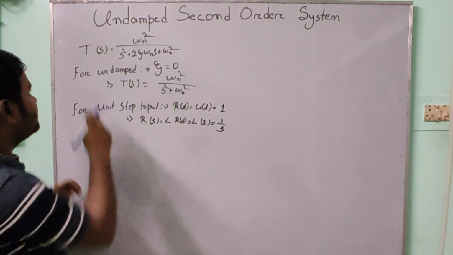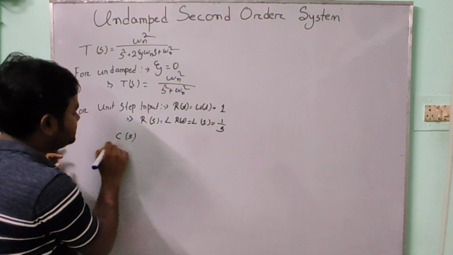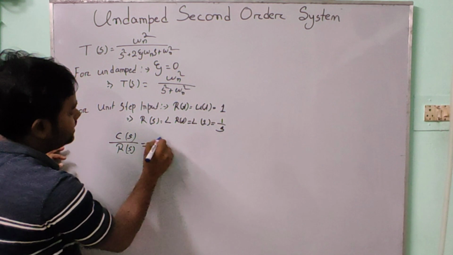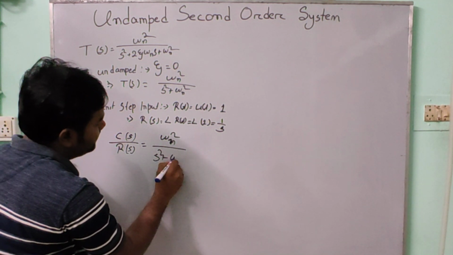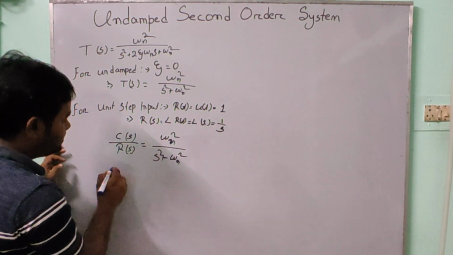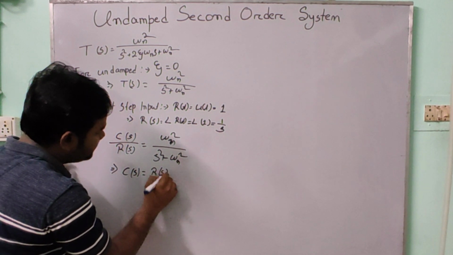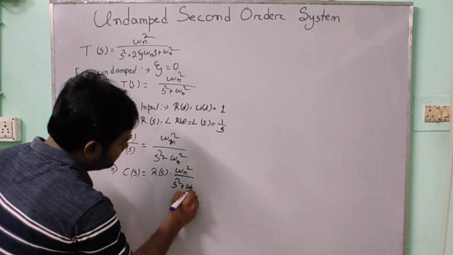The transfer function is C(s) divided by R(s), which is omega n square divided by s square plus omega n square. Now R(s) is 1 by s, so C(s) is equal to R(s) into omega n square divided by s square plus omega n square.